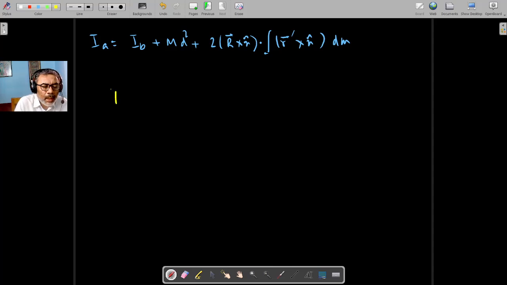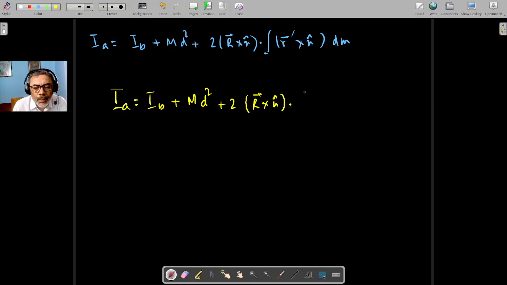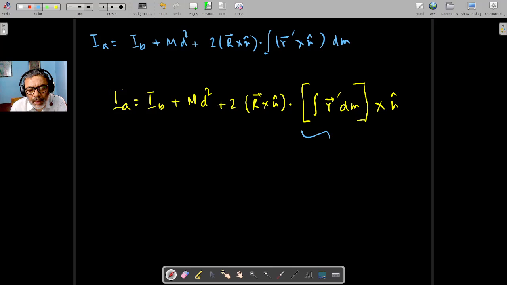Now IA equal to IB plus M d square plus 2 (R cross n) dot, you can write, integral r dash dm cross n. But from the property of the centroid, this is 0. It vanishes from the property of the centroid.